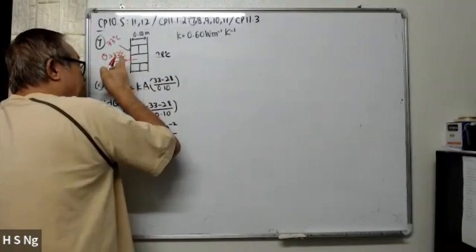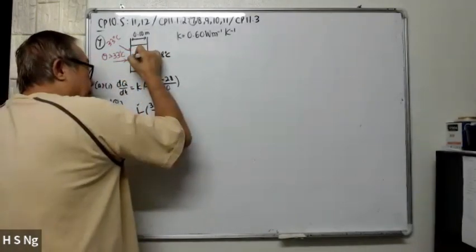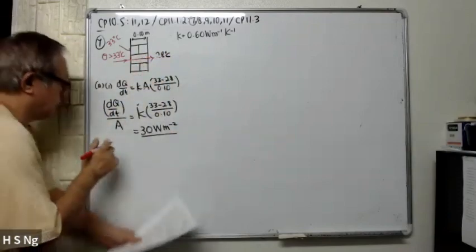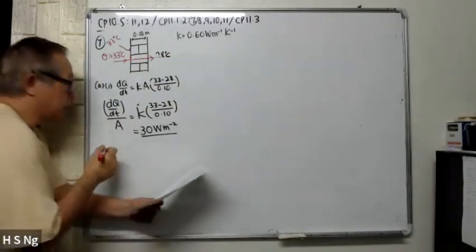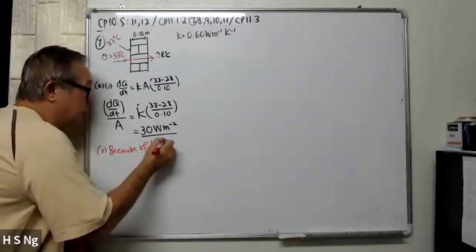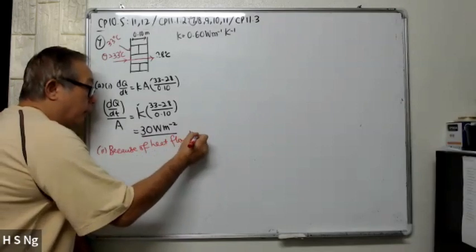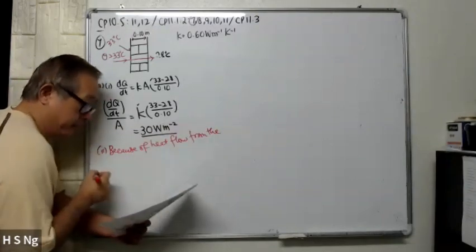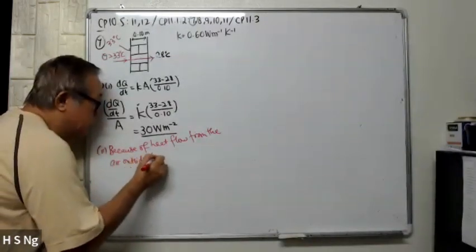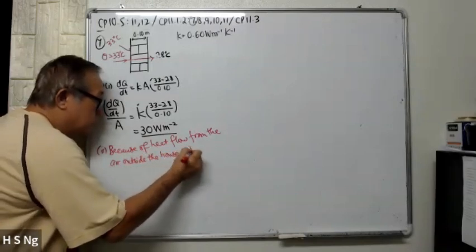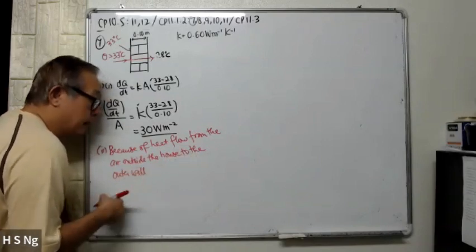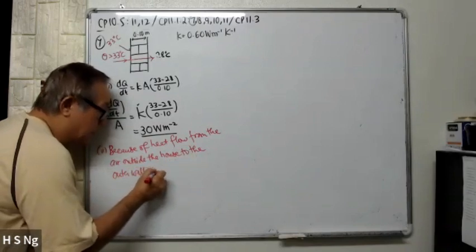So heat will flow from the air to the wall and then through the wall. Okay. So the answer is, again, because of heat flow from the air outside the house to the outer wall, okay, and through the wall.